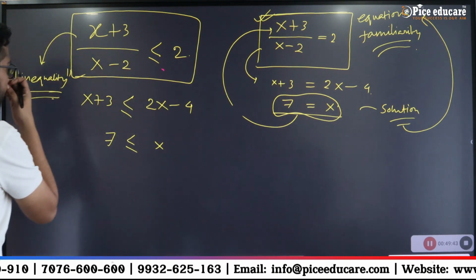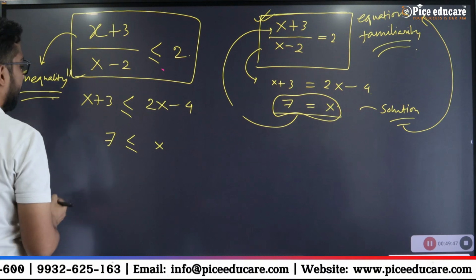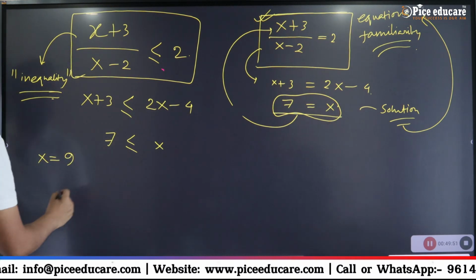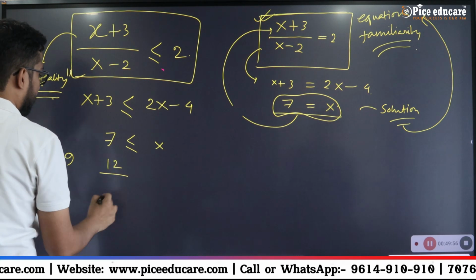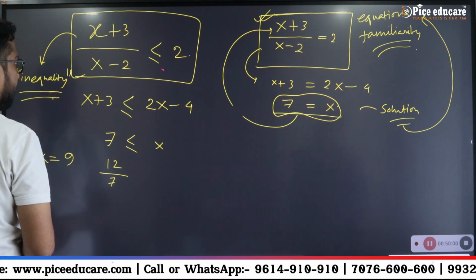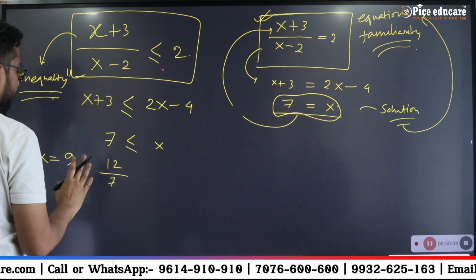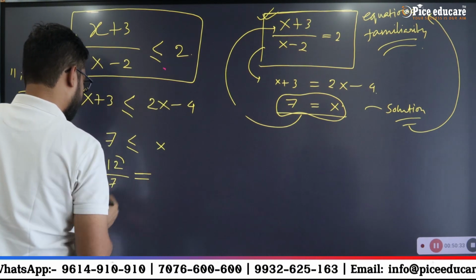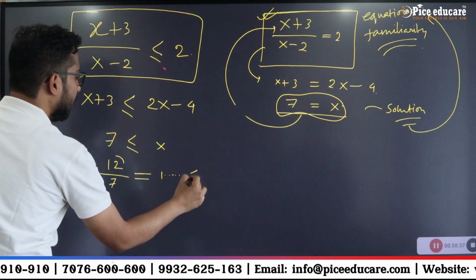Let's test this theory. For example, if I go for bigger than 7, let's take 9. So you have 12 upon 7. X is 9, so 9 plus 3 is 12, and 7. This quantity is 1 point something, which is less than or equal to 2.